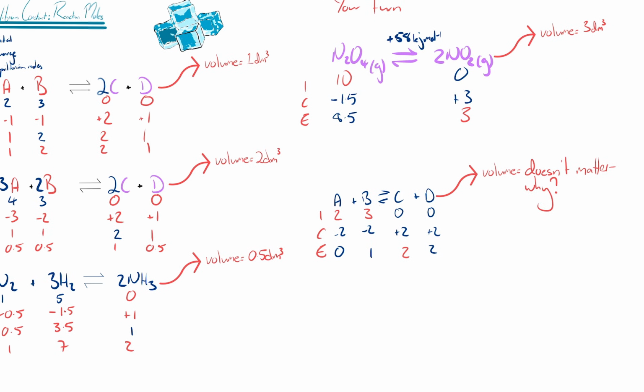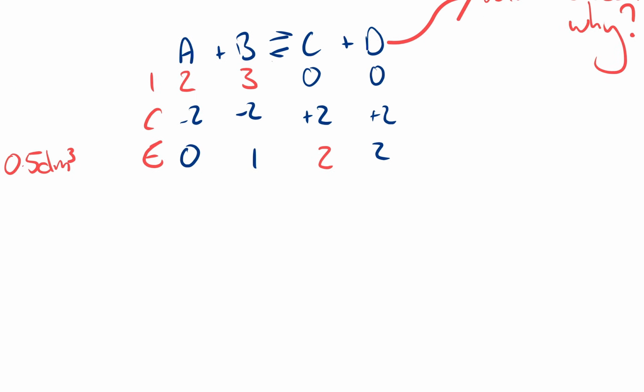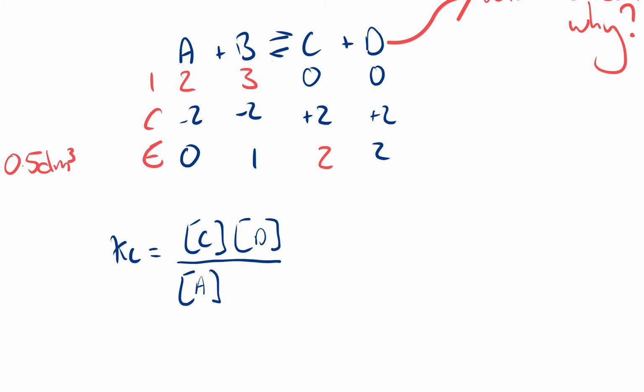It says here, why doesn't volume matter here? Now, I'll quickly explain that. Kc equals, if I do my expression for this, again, we've got C, D over A, B. Now, if I put this here, so I've got C, we had 2. And remember, we need concentration here, so for concentration, we're going to divide by the volume.